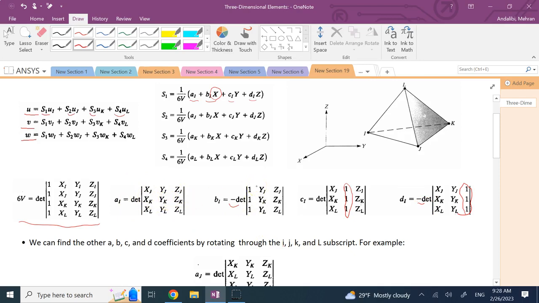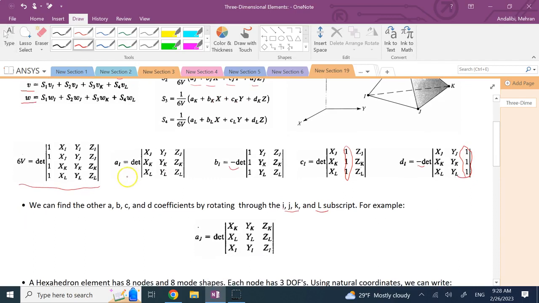And if you say, okay, what about the j coefficients? What about the k coefficients or l coefficients? They are the same thing as these I coefficients, except you rotate between the I, J, K, and L subscripts. For example, if I want to find AJ, if you look here, I still have X, Y, Z, but what happened?